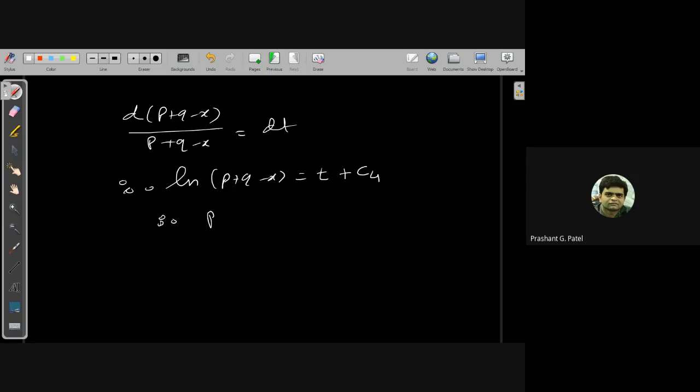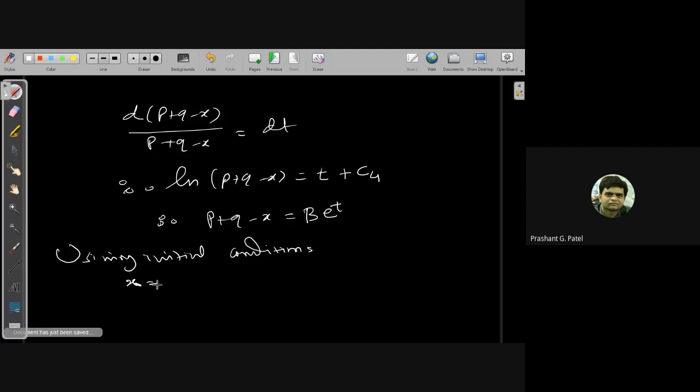So therefore we get p plus q minus x is equal to some constant b into e power t. Using the initial condition, that is x0 is equal to s, y0 is 0, z0 is 0, p0 is 0 and q0 is 0.